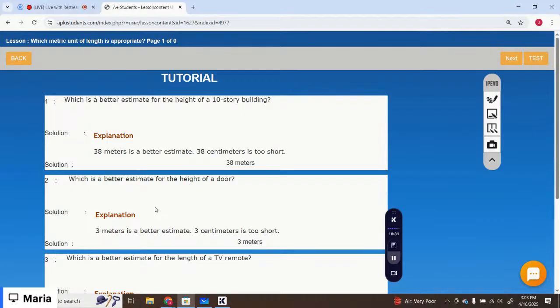That is 38 meters, because the centimeter is a smaller unit. So 38 centimeters is too small for the height of the building. Let's just start with the test questions.